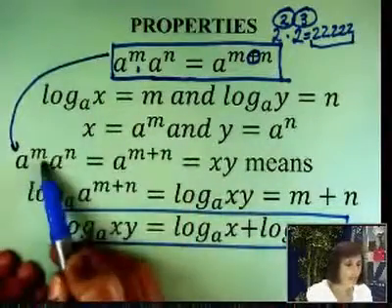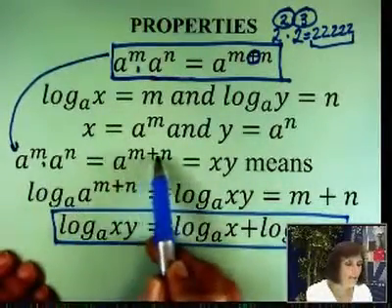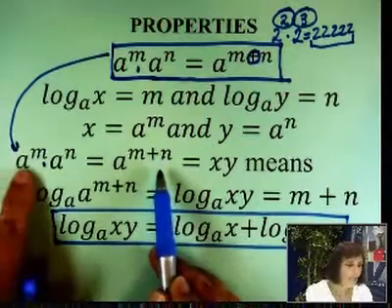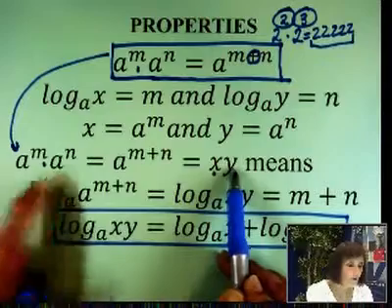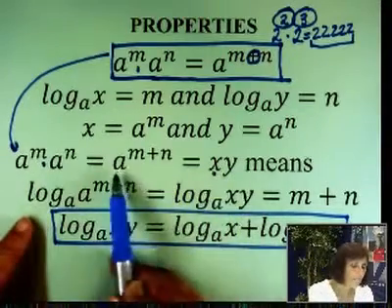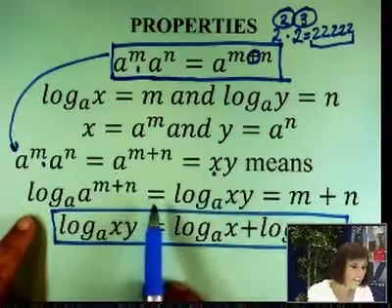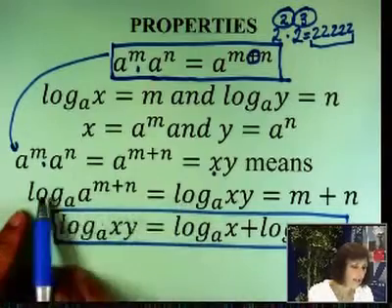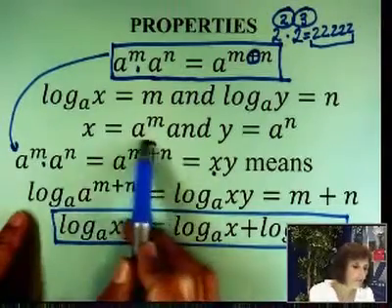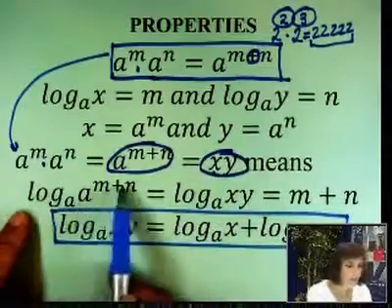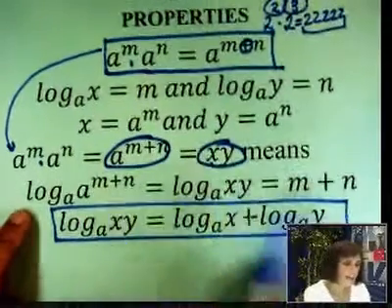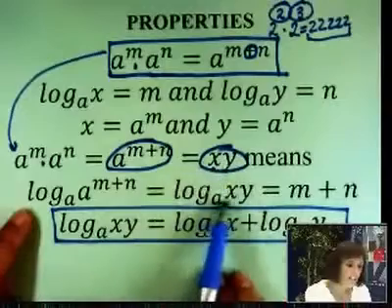A to the m times a to the n, a to the m plus n. Remember, a to the m is x, a to the n is y. What does that mean? That means I can take the logs of both sides. Log base a of that is log base a of this.